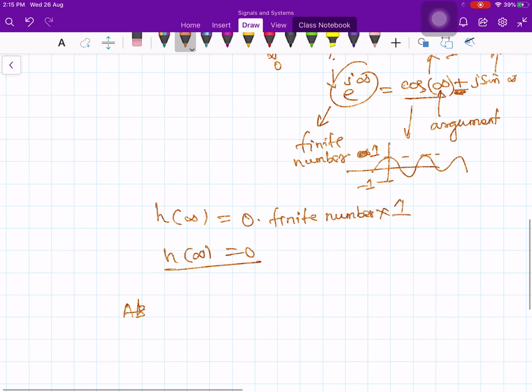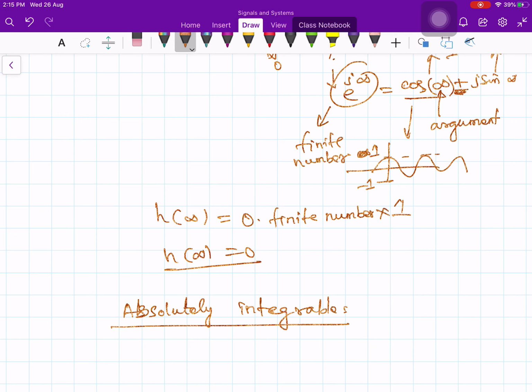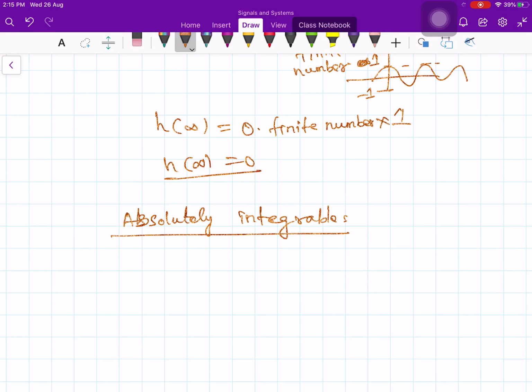Absolutely integrable, that's what we discussed in the previous lecture, right? What we mean by absolutely integrable: the integral of the magnitude of h of tau d tau from minus infinity to plus infinity should be less than infinity, that's what we said.